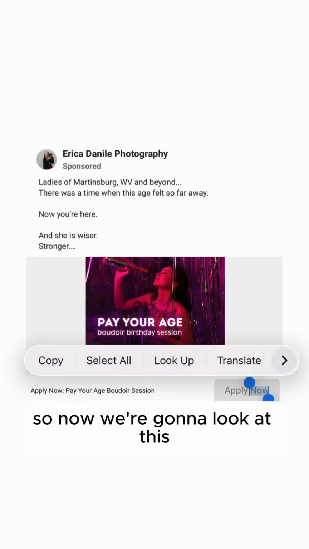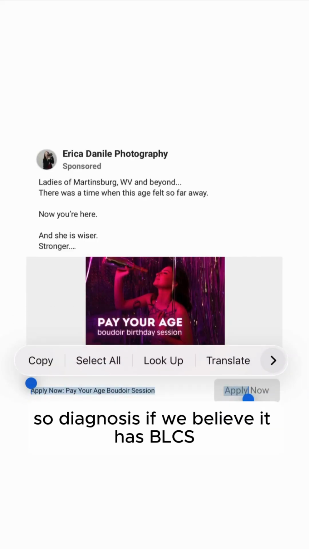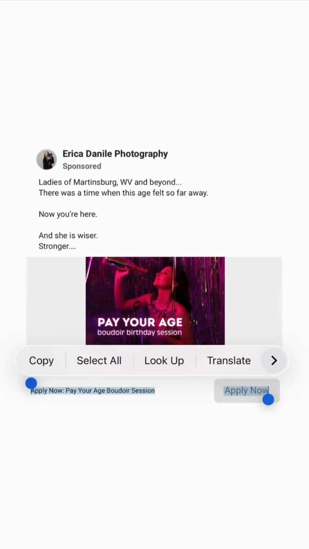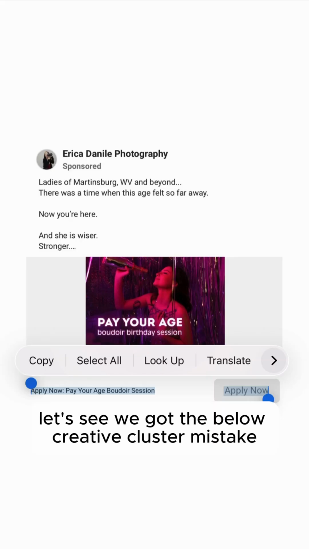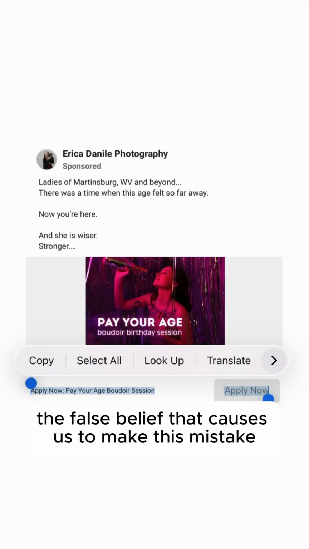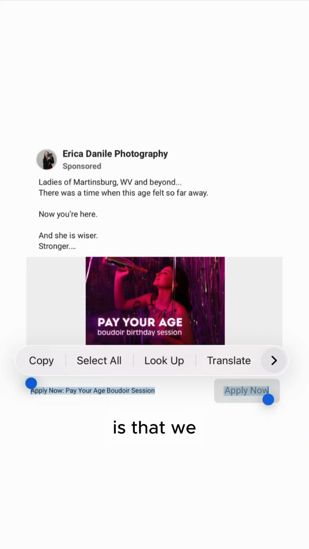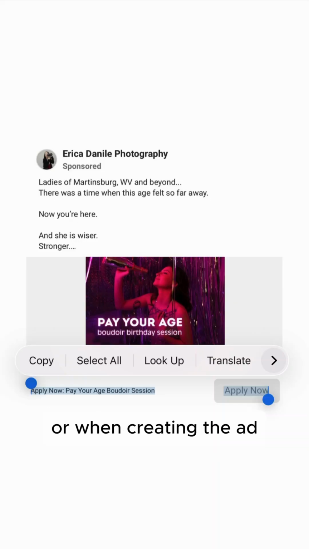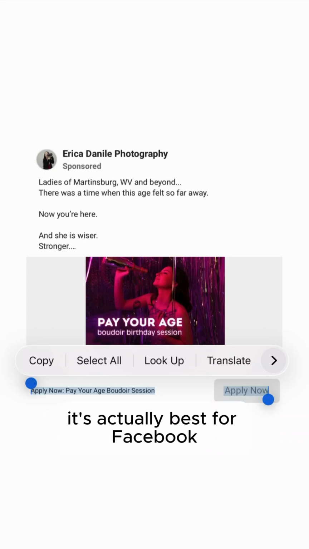So now we're going to look at this. Diagnosis: if we believe it has BLCS, aka Boudoir low click syndrome. We've got the below creative cluster mistake. The false belief that caused us to make this mistake is that we believe that everything Facebook says we should fill out when creating the form or when creating the ad is actually what we should fill out and is best for us. But no, it's actually best for Facebook.